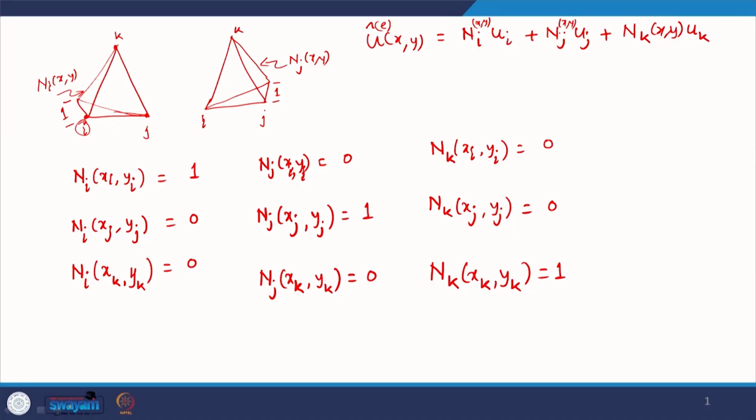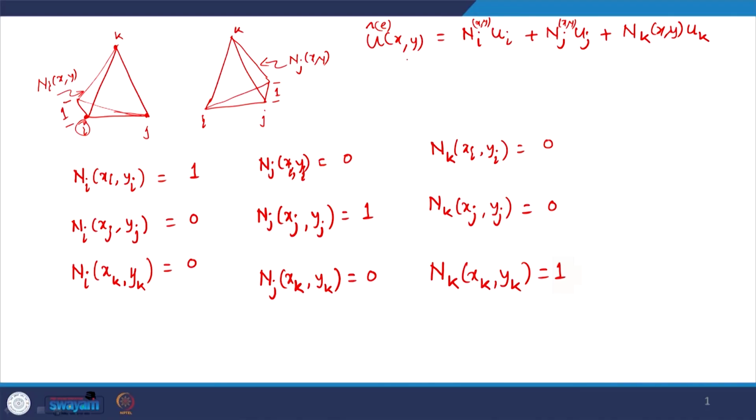So, the variation that we have comes from these interpolation functions, and this variation u, we know from our boundary term in the weak form of the method of weighted residual, has to have at least first order derivative non vanishing.